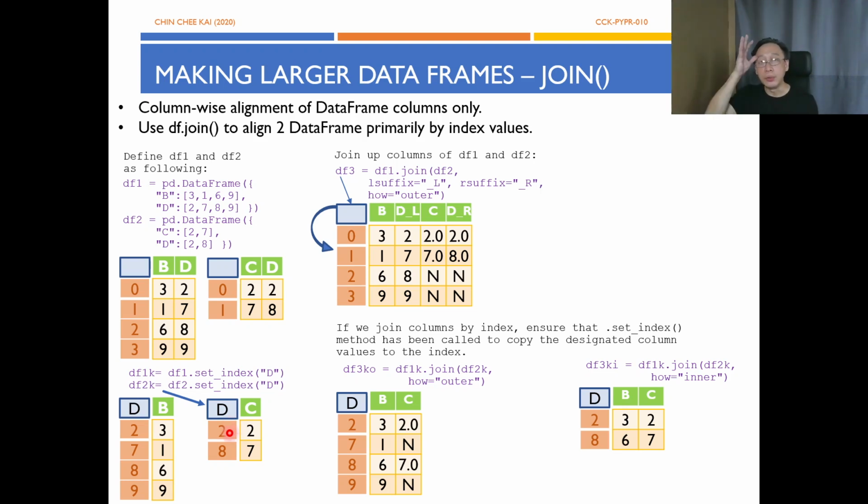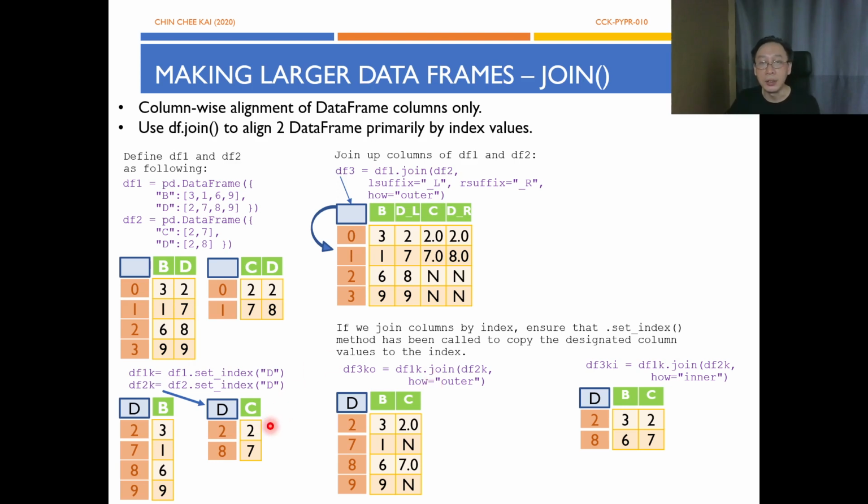Now we are ready to merge by looking at the data content of our original D, but they have been set into the dot index. So we're going to say df1k, this one, not the upper one, the lower one, df1k dot join with df2k, this one. The how is outer, so we union it.